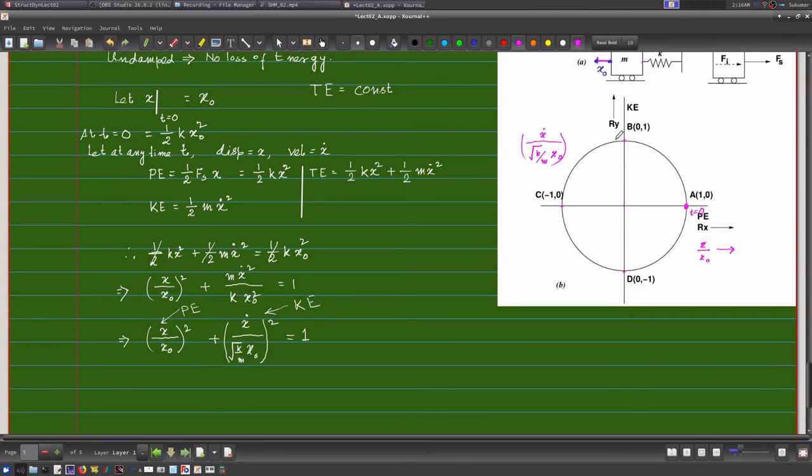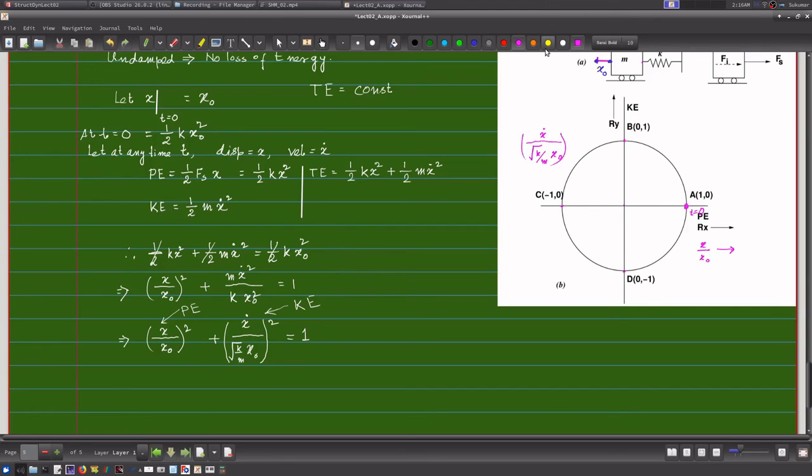The mass, this point, moves by an angle of twice pi, and this completes one cycle of motion. The time taken by the mass to complete this one cycle of motion is called the time period of motion.